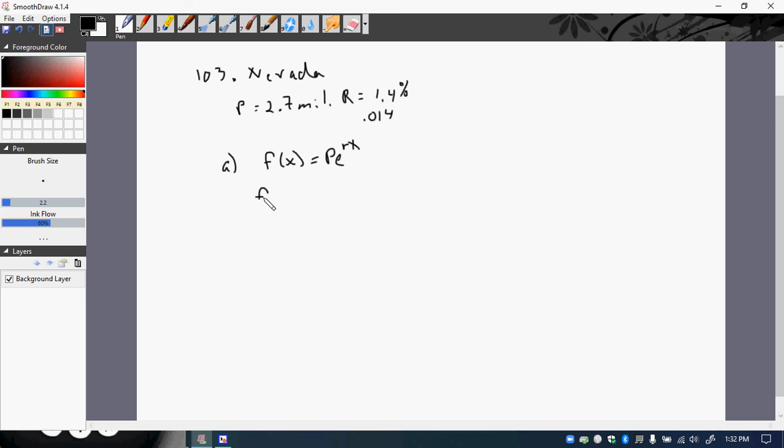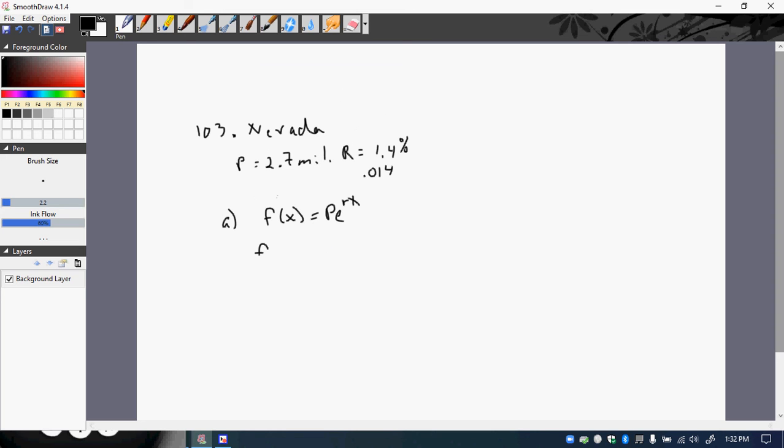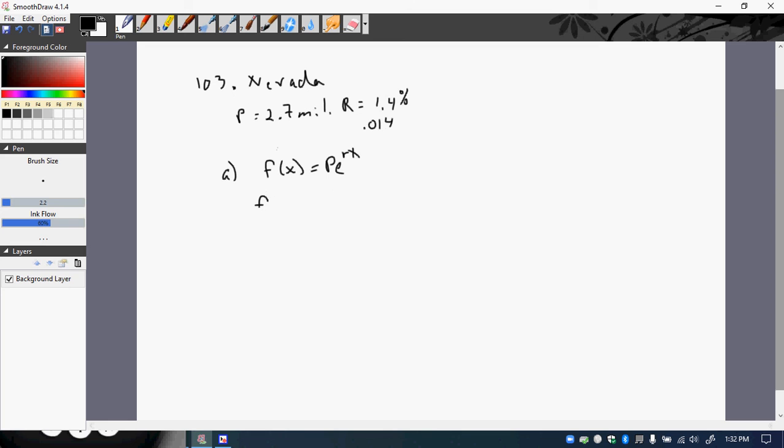So we're going to have f of x equal to 2.7 e to the 0.014x. And now they want us to estimate for 2020. It started at 2010, so the difference here is 10. So we'll put that in.